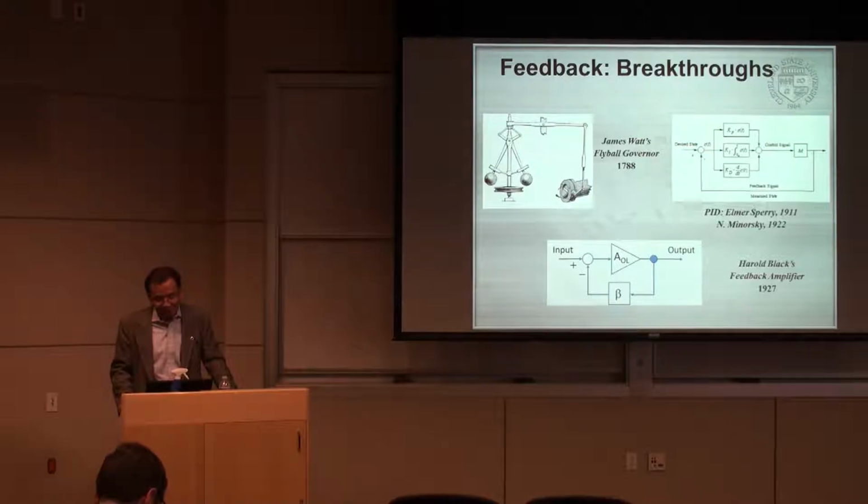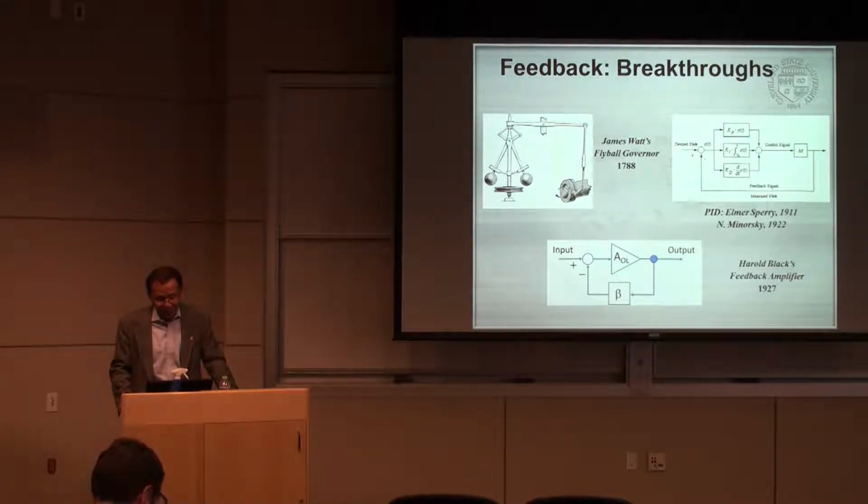The second great invention is the PID, Proportional Integral Derivative control. And this was first put together by Elmer Sperry in the attempt to automatically control ships and airplanes. And the first conceptualization was provided by Nicolas Minorsky about 10 years later.